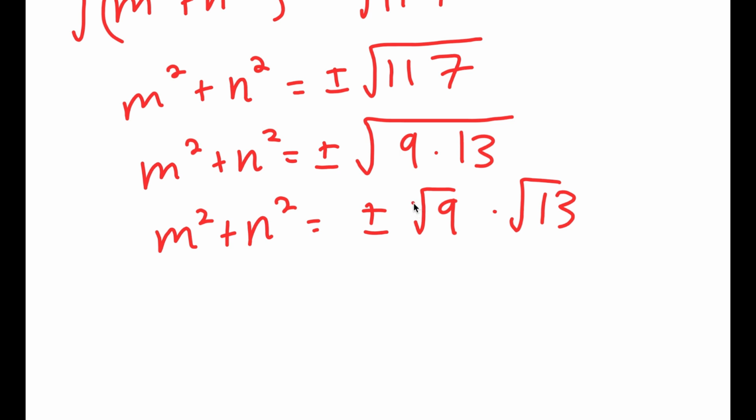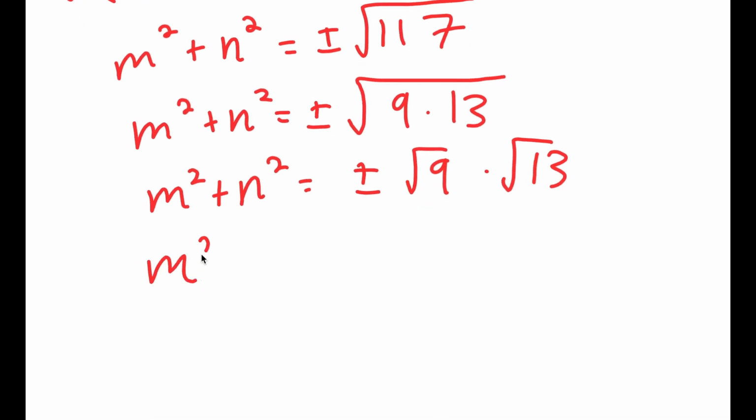And the square root of 9 is equal to 3, so I get m squared plus n squared is equal to positive or negative 3 root 13.